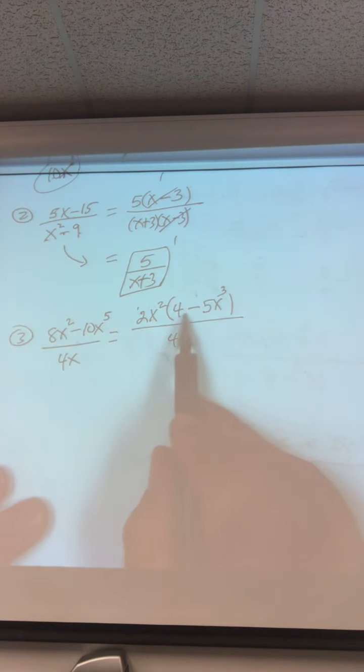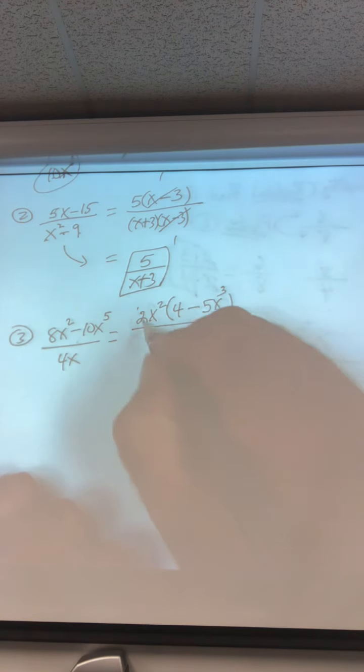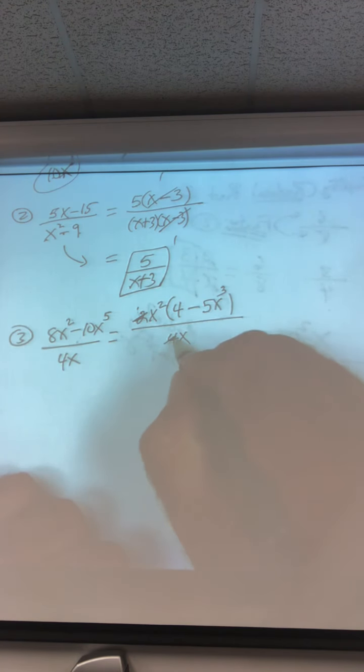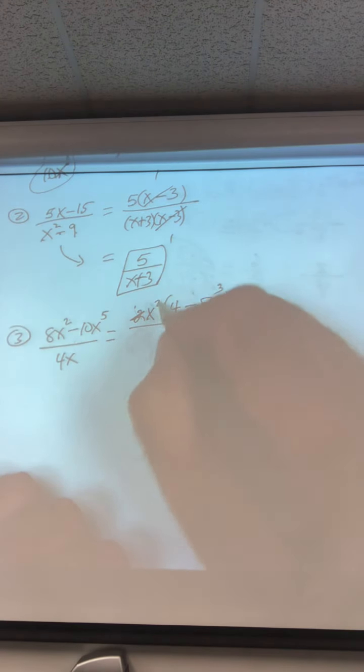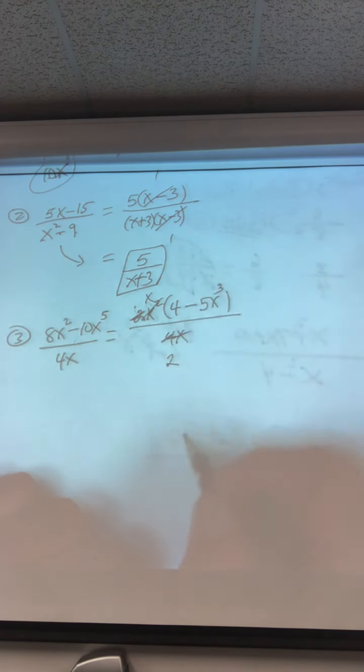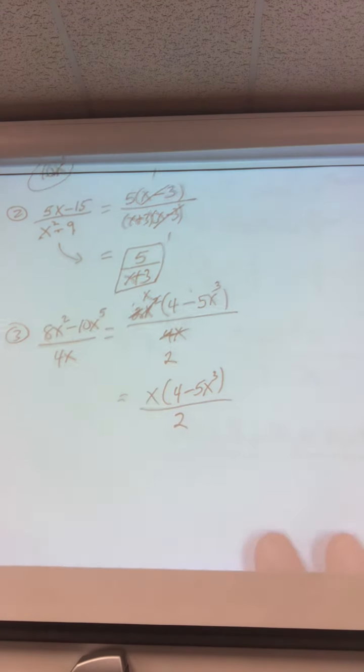Now you can't cancel and go in here and cancel part of that binomial. You either have to cancel all of it or none of it. But what I can do is this 2 cancels with this 4, leaves 2, and this x cancels with that x squared and leaves x on the top. So the final answer is x times 4 minus 5x to the 3rd all over 2.